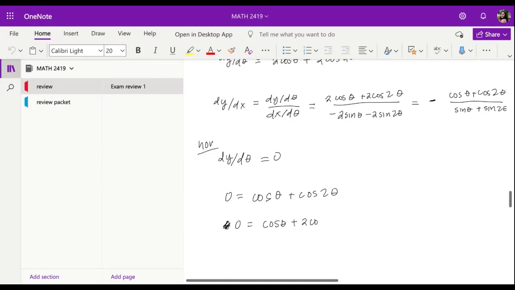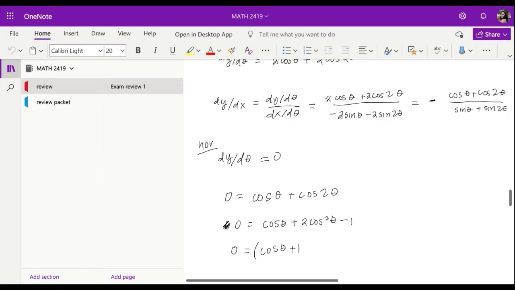This gives us a quadratic equation that we can factor into two factors: 0 equals cosine theta plus 1 times 2 cosine theta minus 1.